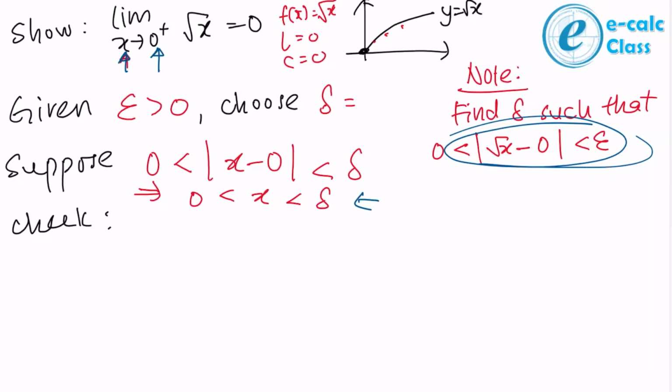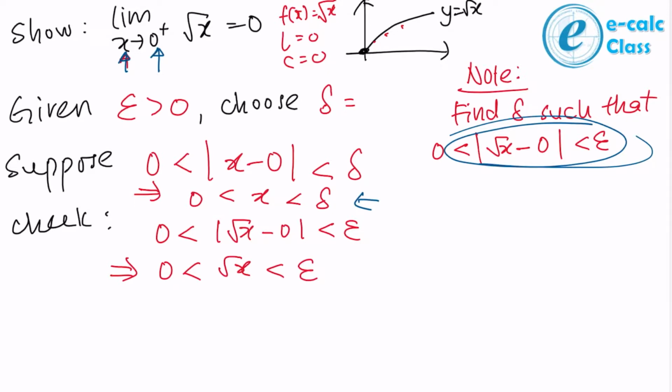So the absolute value of square root x minus 0 is smaller than epsilon. I need to check whether this is true, and just go ahead and do some algebra. You know that square root x is always positive, so again the modulus doesn't matter. You just put square root x smaller than epsilon.